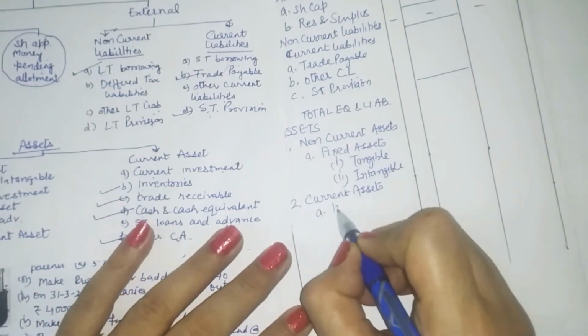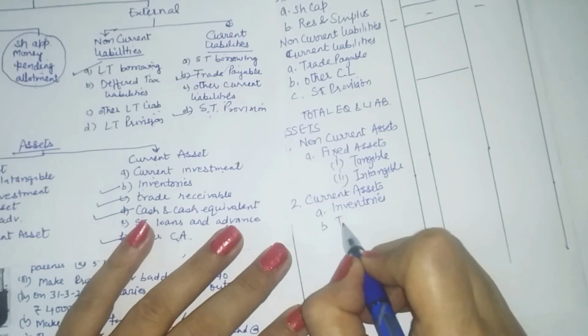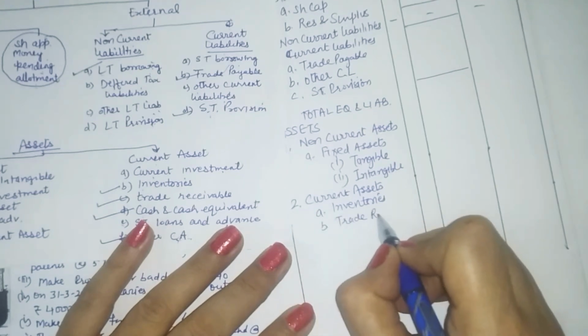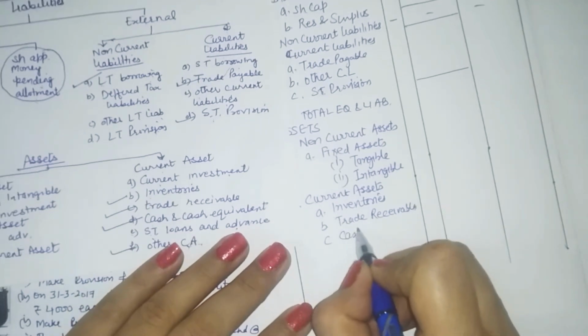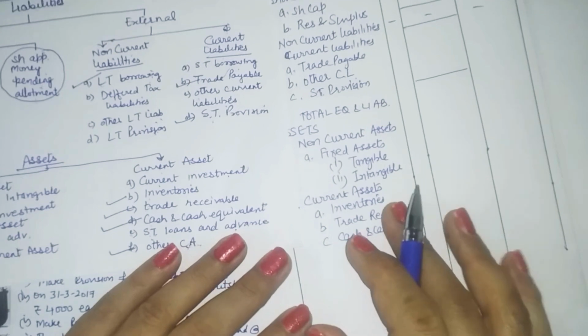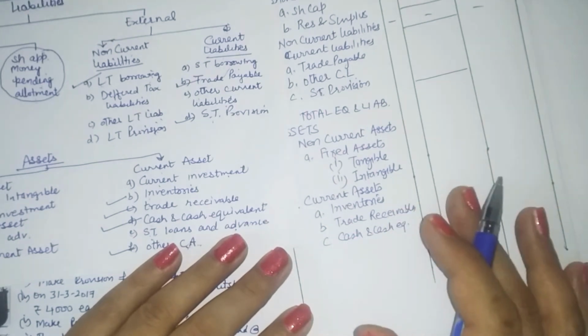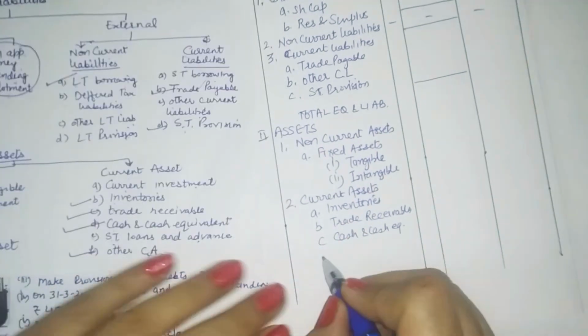So we'll be having inventories, trade receivables, cash and cash equivalents. Now short-term loans and advances, we are not given those, okay, but our bill receivables qualify under this.